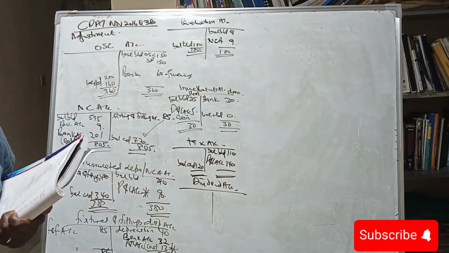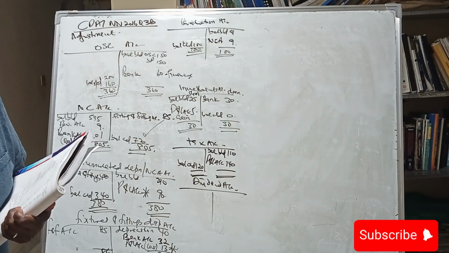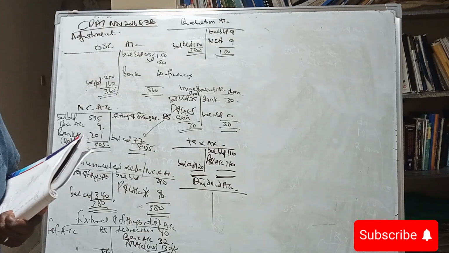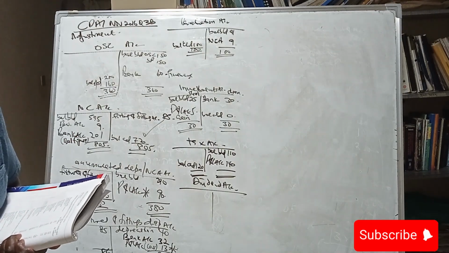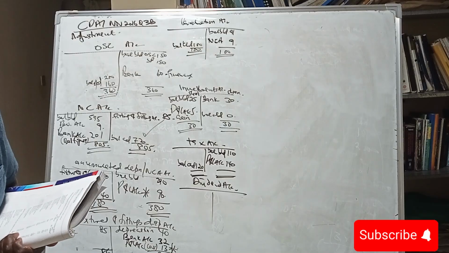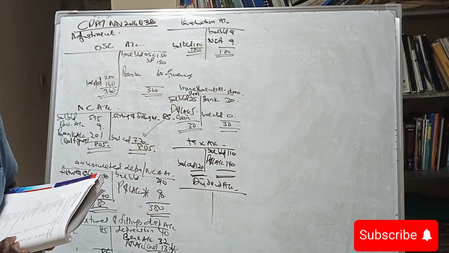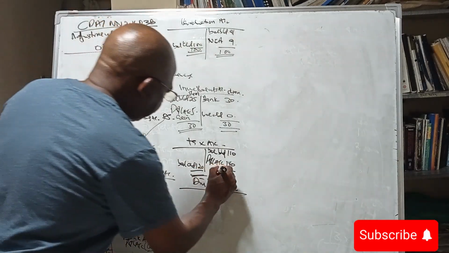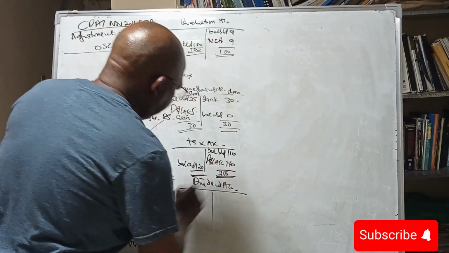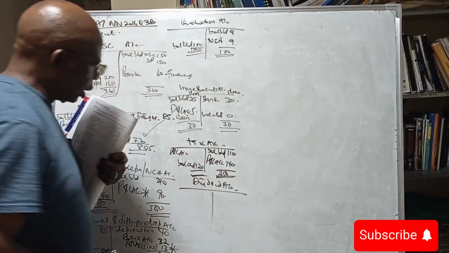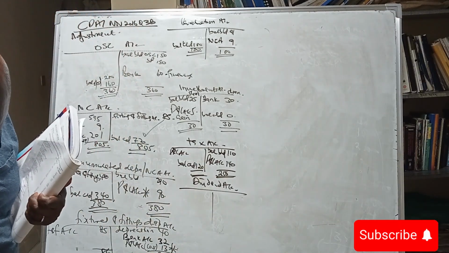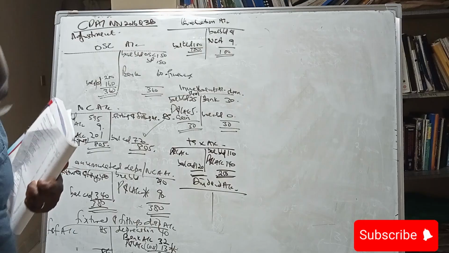You add them, 140 plus 110, you get 250. And therefore, how much do we pay? From 250, we had a balance of 120, and therefore we paid 130.